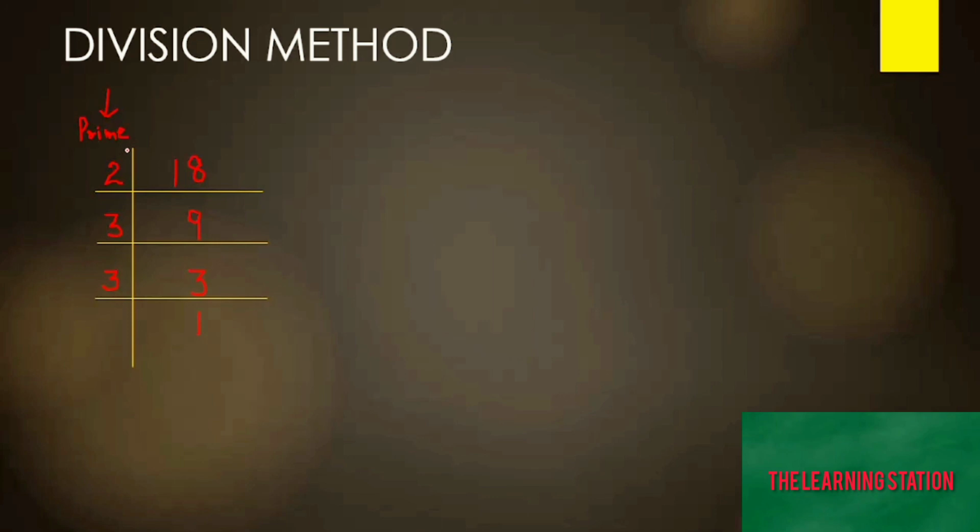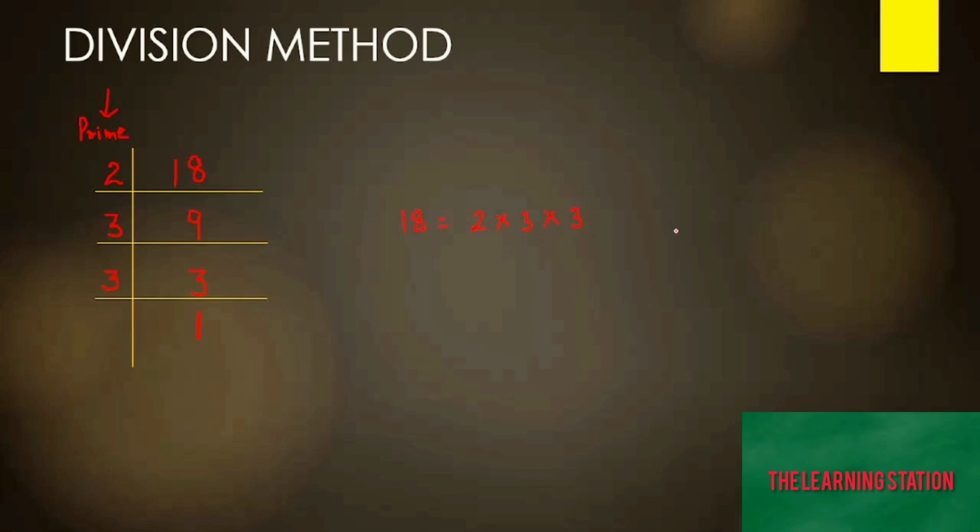Once you get all the numbers and you get 1 as the final answer, which cannot be further divided, it means our prime factorization is done. So the prime factorization of 18 is equal to 2 into 3 into 3.